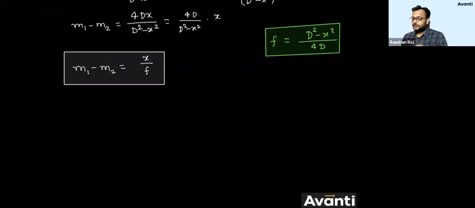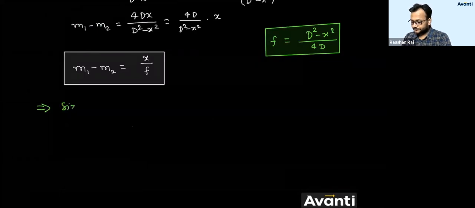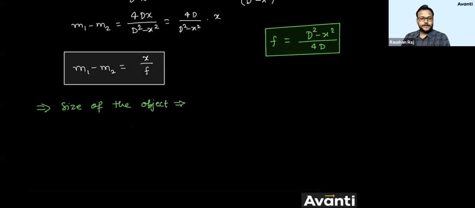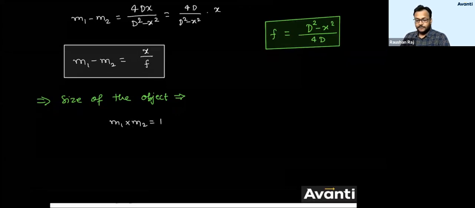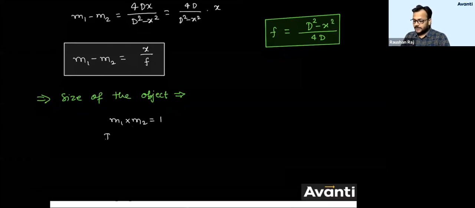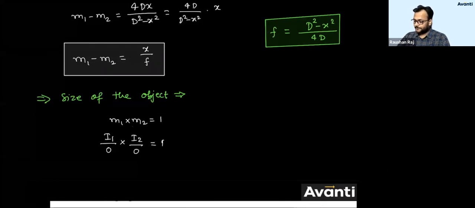Sometimes you'll be asked to find the object size or size of the object. ठीक है, size of the object. कैसे मिलेगा size of the object बच्चा? देखो, we know this that m1 into m2 is equal to 1, and m1 is equal to I1 divided by O, m2 is equal to I2 divided by O, and this is equal to 1.